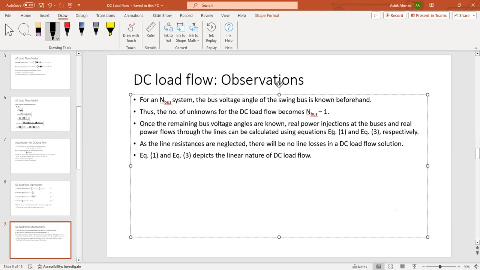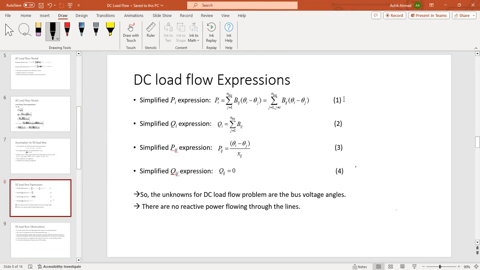These can be obtained with the help of equation 1 and equation 3, which are shown in this slide, slide number 8. Equation 1 will give us the real power injection. Equation 3 will give us the real power flow through the lines.